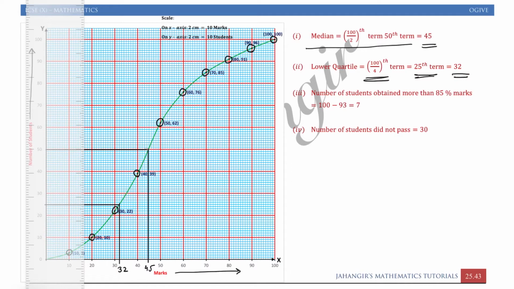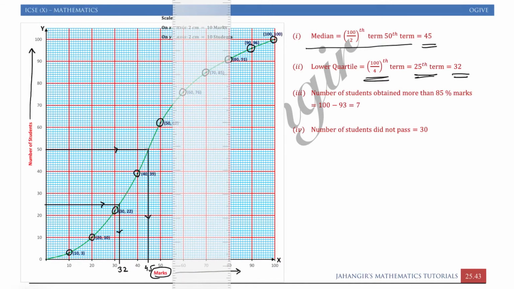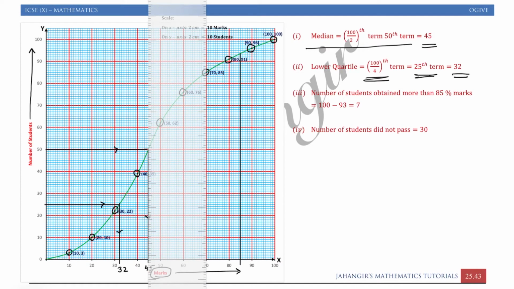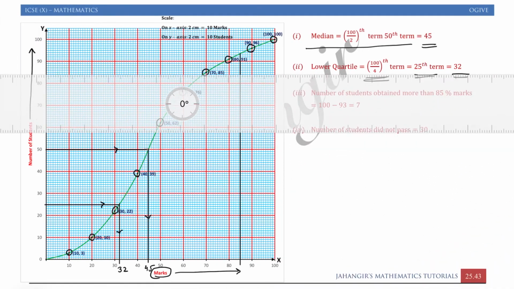Now number of students who obtain more than 85% marks. The same, we have to draw a vertical line from 85 of marks because 85% marks represents 85 marks. Now we will draw.